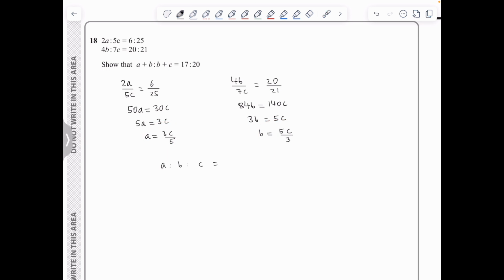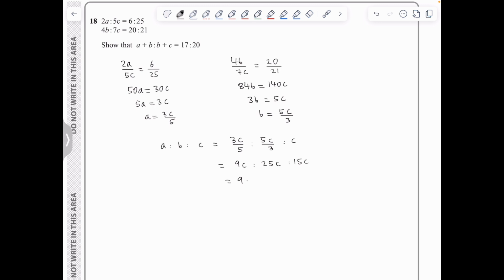So this means we're looking at 3c over 5 to 5c over 3 to c. So I can multiply throughout by 15 to get rid of the denominators. So we're looking at 9c to 25c to 15c, which of course simplifies to 9 to 25 to 15.